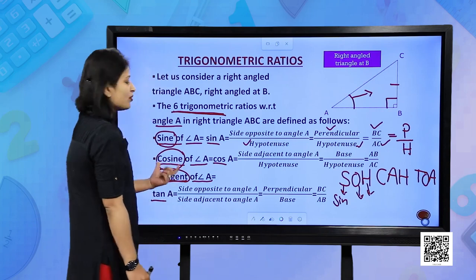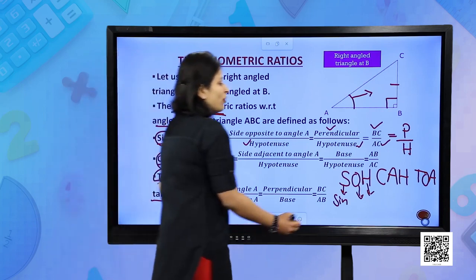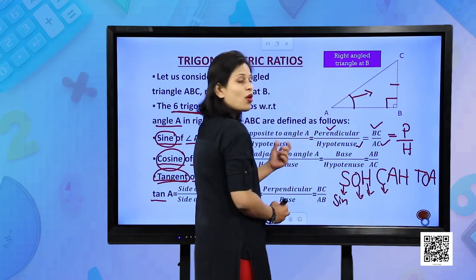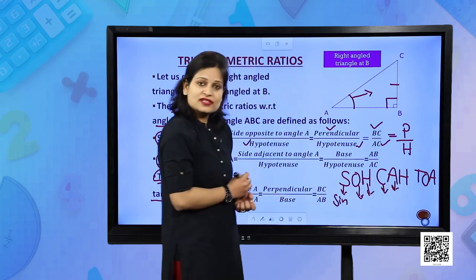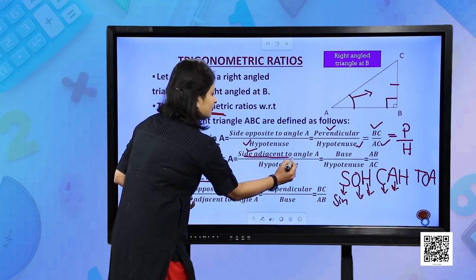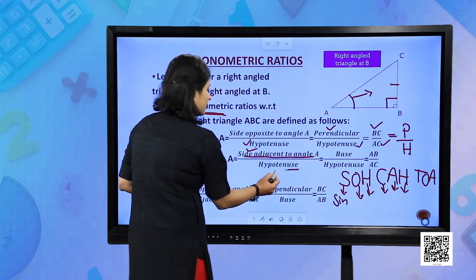Now comes cosine of angle A, means cos A. For this, C stands for cos, A stands for adjacent side, and H stands for hypotenuse.